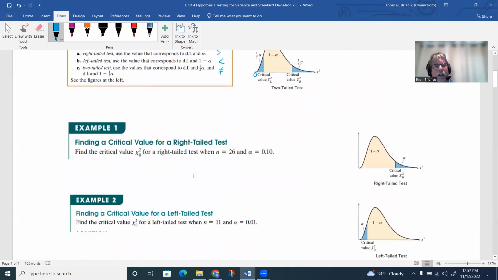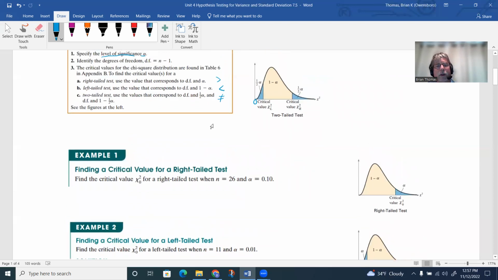So let's find the critical value of a right-tailed test. Based on our strategy, we just need to know the degrees of freedom and what alpha is. Do you remember how to find the degrees of freedom? It's the sample size minus 1.